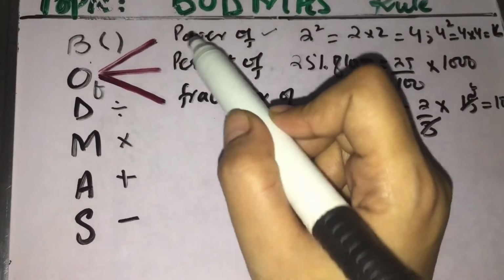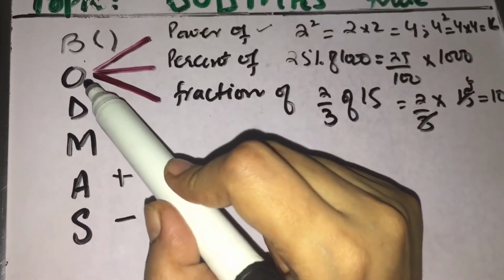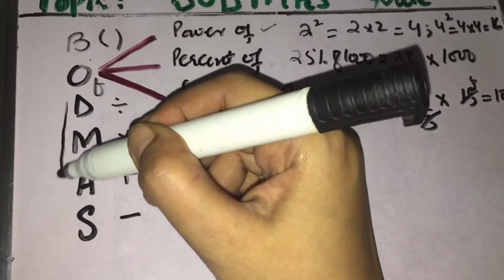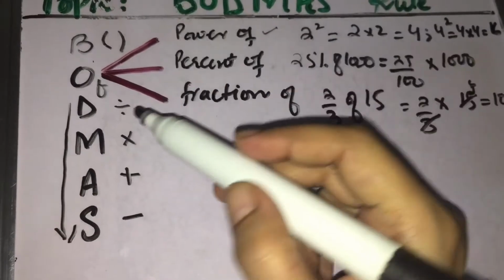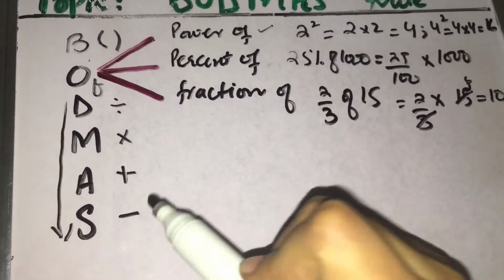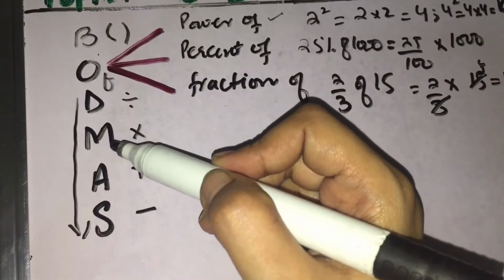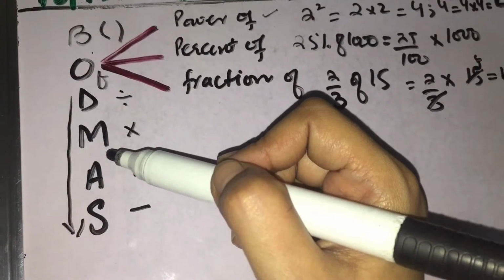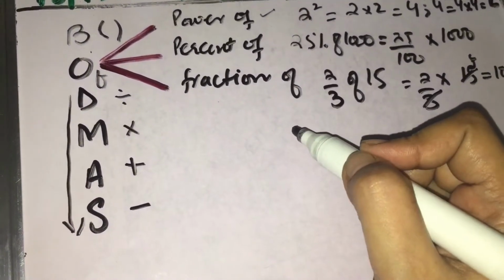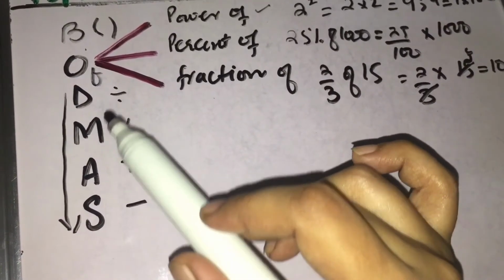So if we have any of these operations, then after the bracket we have to solve that of. And then the BODMAS rule, which we have already learned: D for divide, M for multiplication, A for addition, and S for subtraction. Divide and multiply could be solved simultaneously, or going from left to right, you will solve whichever comes first.